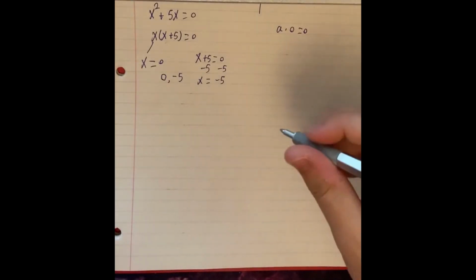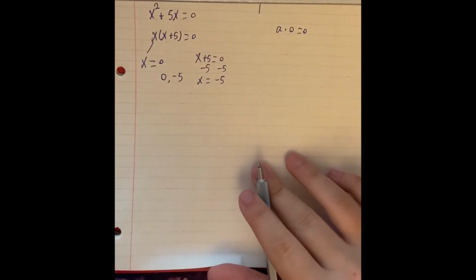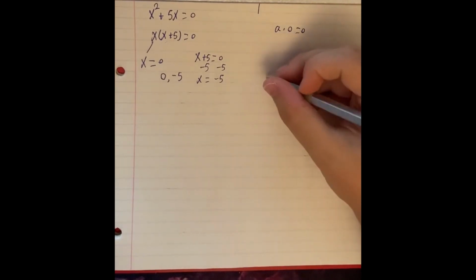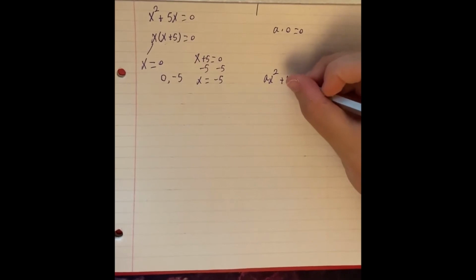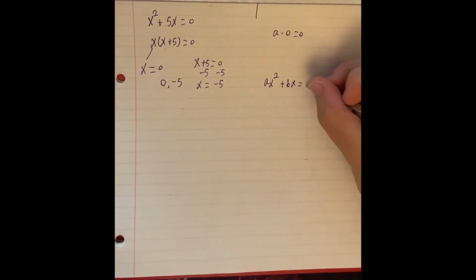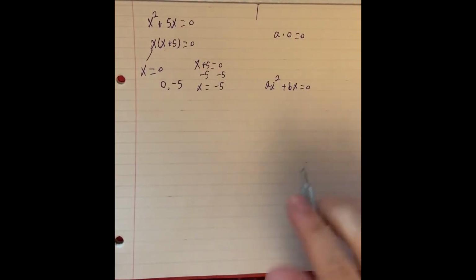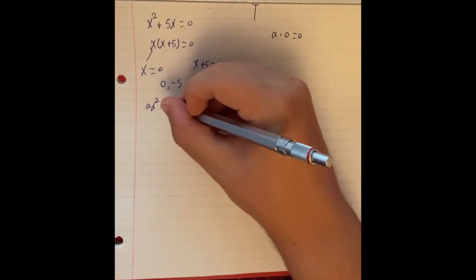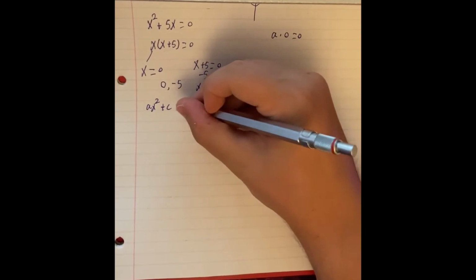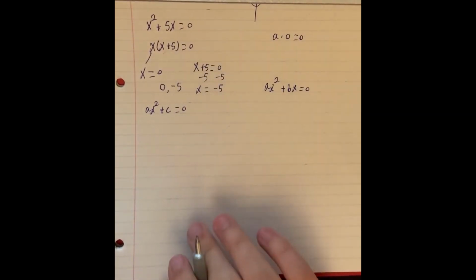So that was solving for the zeros of a quadratic when all we have is ax squared plus bx equals 0. What if we have ax squared plus c, our constant term, equals 0? How would we solve for that?